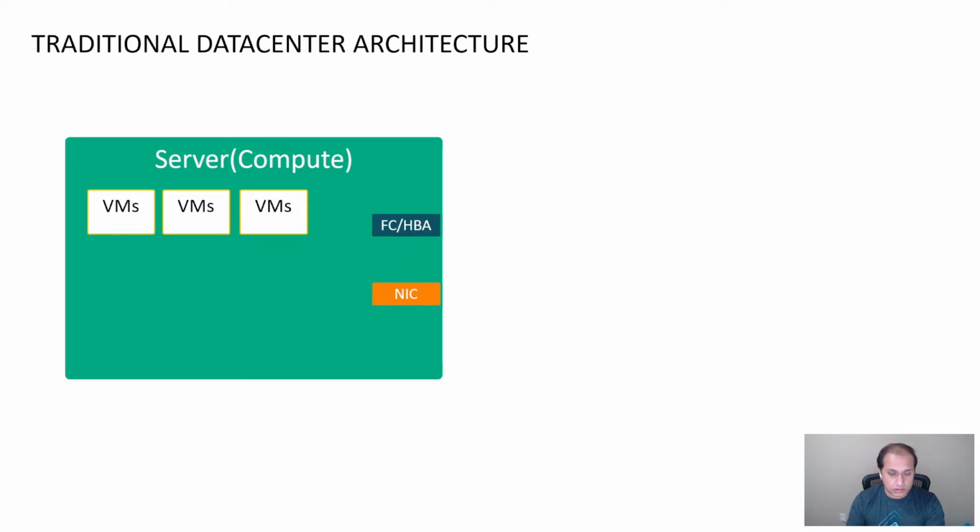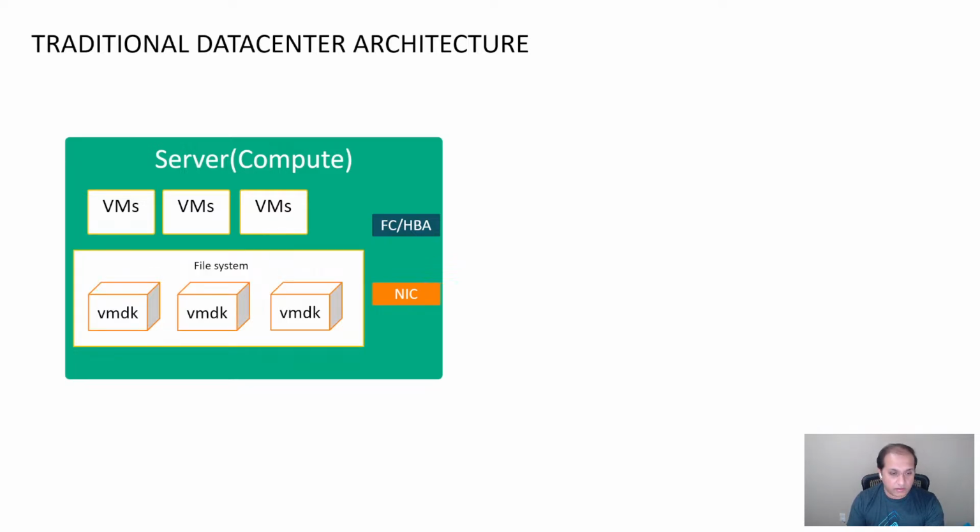Mostly, to optimize the compute, we use VMs, and these VMs do have a file system, but there is no storage on this server. In some scenarios we keep storage just for cache, but you can avoid it completely and have just the compute in there.